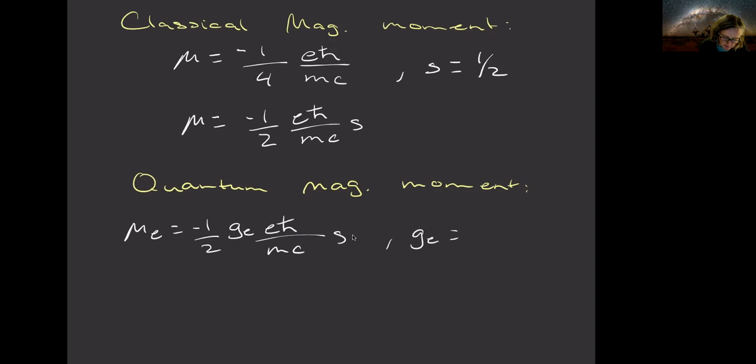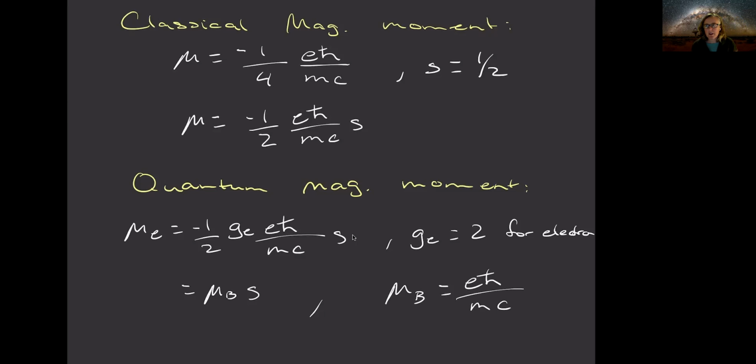If g_e is equal to 2 for an electron, then they're the same as the classical magnetic moment to within a factor of 1/2. You can also write this in terms of mu B, the Bohr magneton, and mu B is just e h bar over mc.